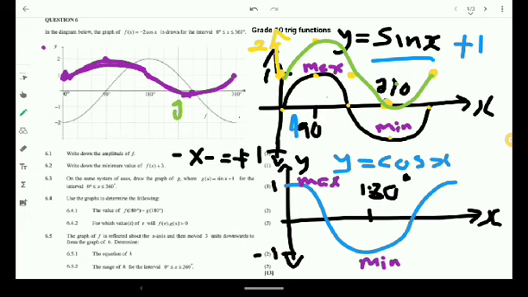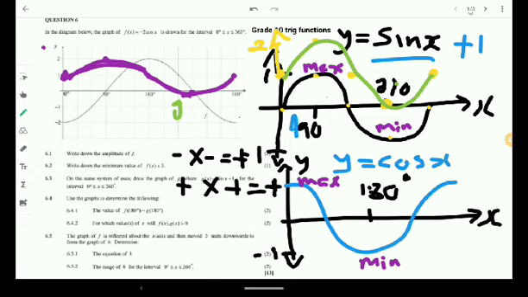A positive value is greater than 0, but a negative value is smaller than 0. So we should multiply negative by positive to get a negative.